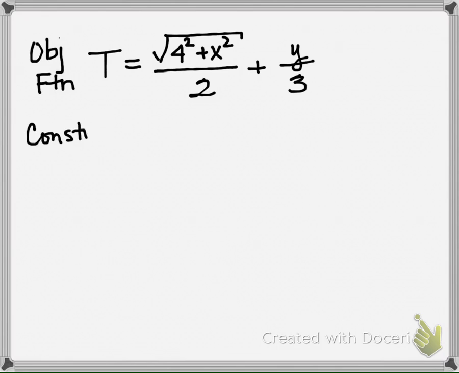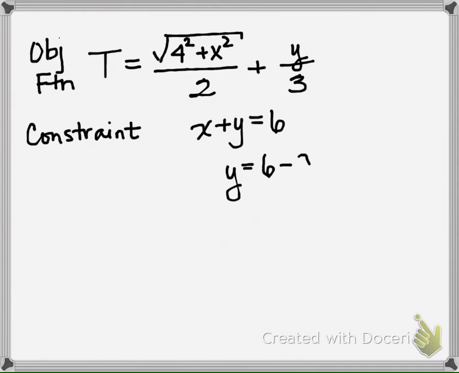We have a constraint, and the constraint is that x plus y equals 6. So in order to minimize this time function, we need it to be in terms of only one variable. So we're going to use our constraint, solve for one of the variables. Let's solve for y. We get y equals 6 minus x. And then we're going to take this y and substitute it into our time.